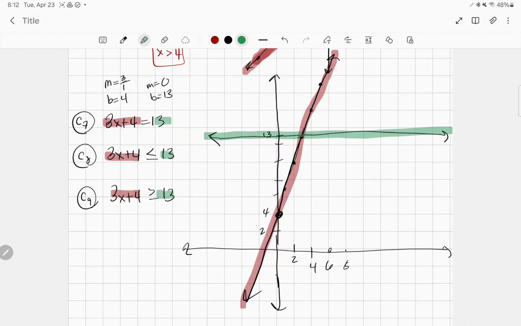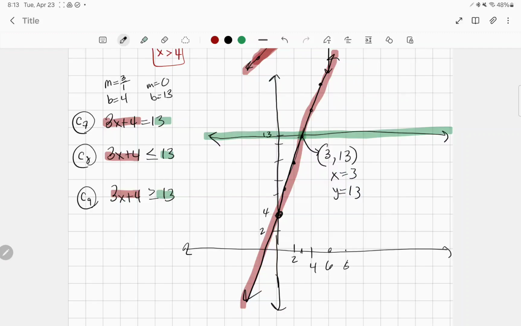And we can see right here is where they cross, and if we look, that point is x equals 3 and y equals 13. Okay, so x equals 3, y equals 13.